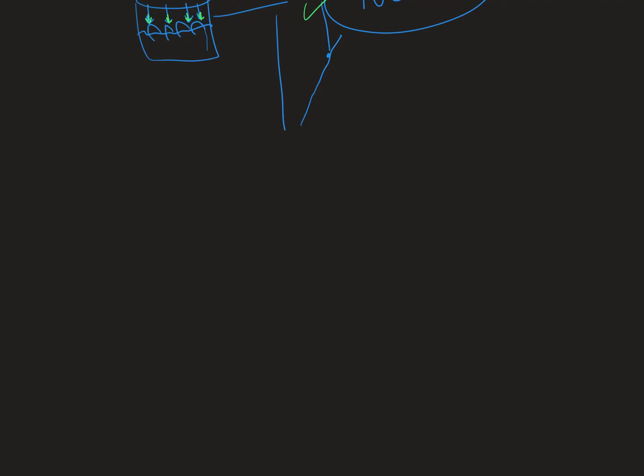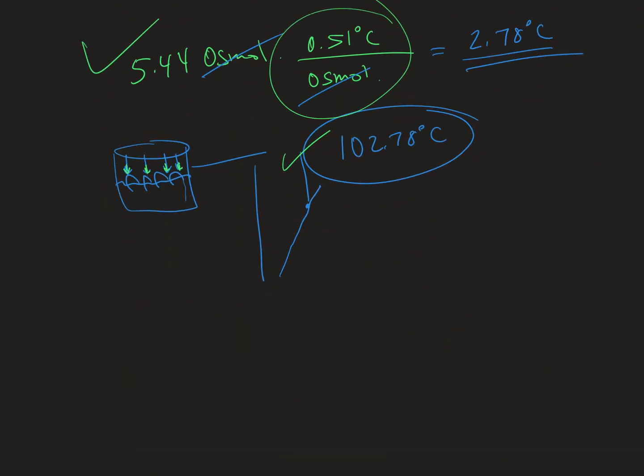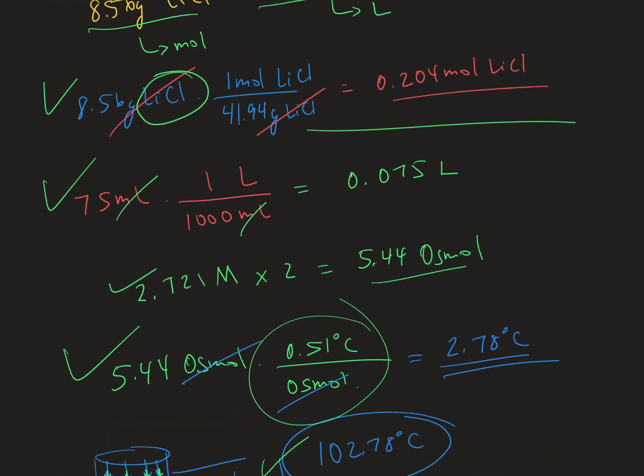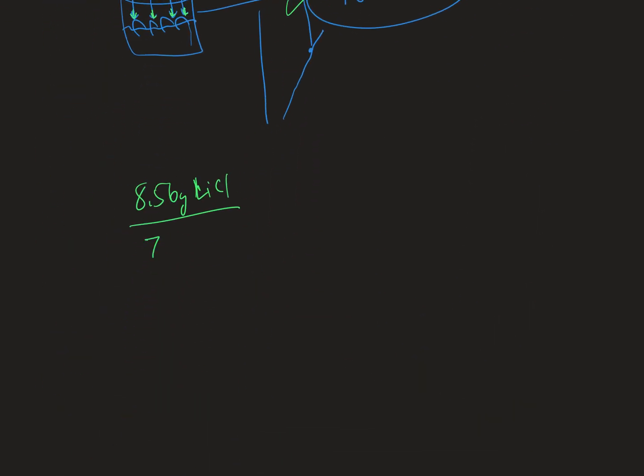Concentration is amount of solute, what was it? 8.56 grams of lithium chloride per 75 milliliters. And let's use dimensional analysis here. We're doing the same math.